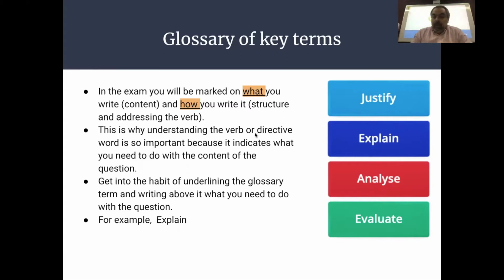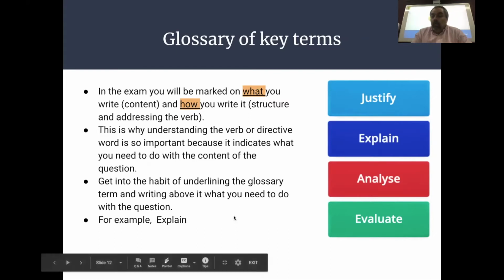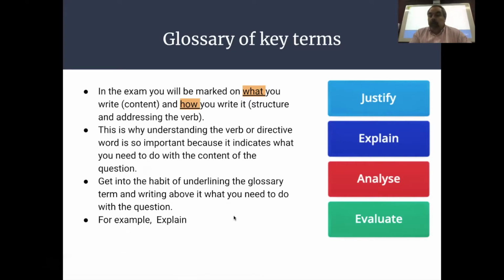So the understanding of that directive term is very important to the way that you're going to structure the answer to the question. So get into the habit of underlining that key glossary term, writing above it, like what it actually means. And therefore, when you constantly look back at that question, you're going to know whether you've addressed that question the way that the examiners want you to do that.